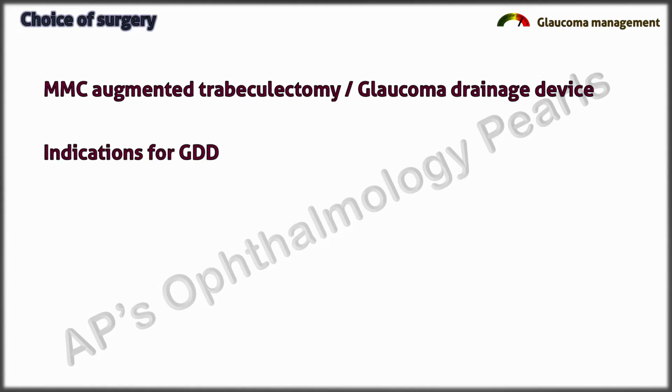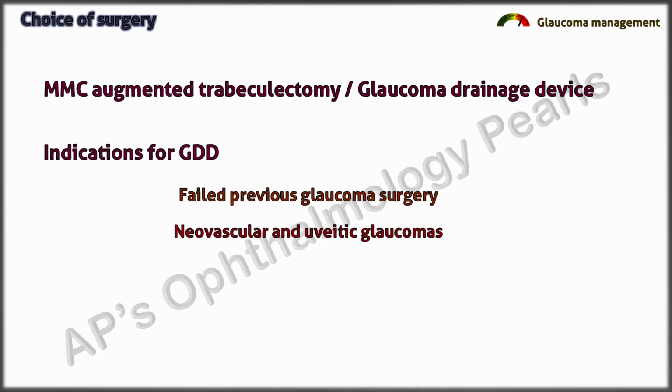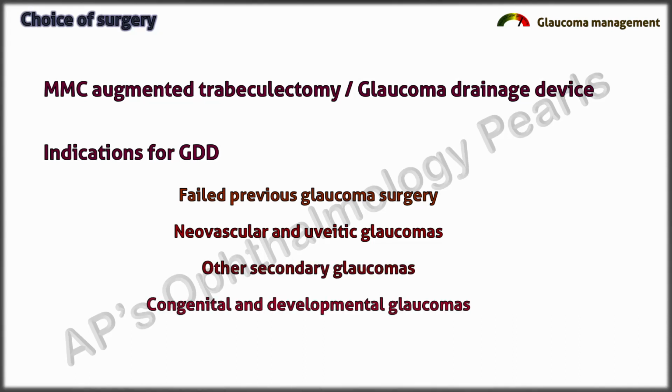Indications for glaucoma drainage devices are failed previous glaucoma surgery, neovascular and uveitic glaucomas, in which conditions glaucoma drainage devices may be used as a primary modality because of the high risk of trabeculectomy failure, other secondary glaucomas, congenital and developmental glaucomas. Now, in ICE syndromes, long-term results are better with glaucoma drainage devices. In this case, a glaucoma drainage device is best, also so as not to interfere with contact lens use by a trabeculectomy bleb.